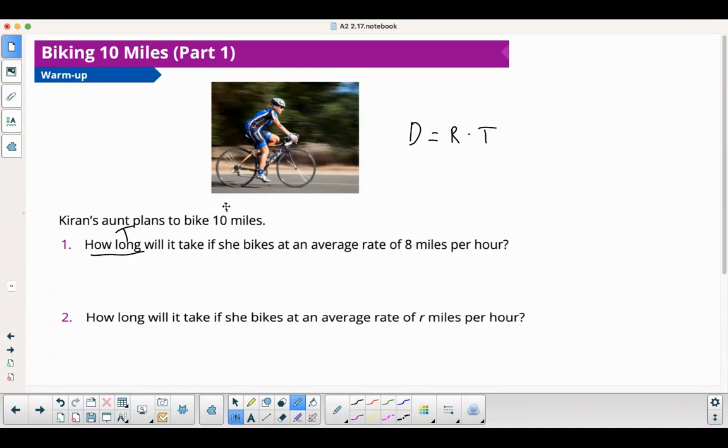So this would be my D, and this would be my R. So if I wanted to solve for time, I could divide by R. So I would get D over R equals T. And so for this one, I could say, okay, my distance is 10 divided by my rate of 8. That'll give me my time. Okay, so that would give me 1.25 hours equals the time.